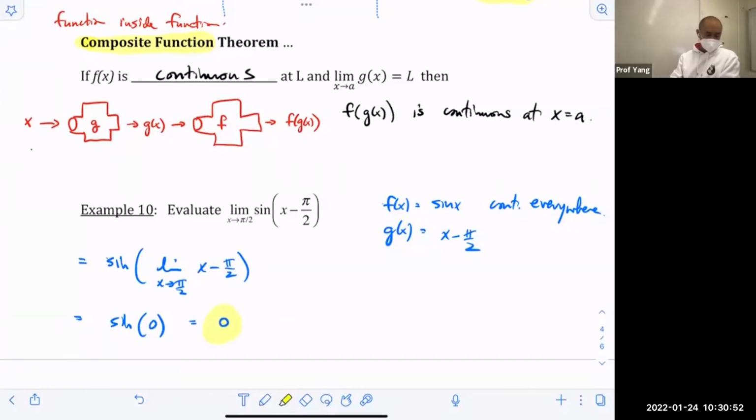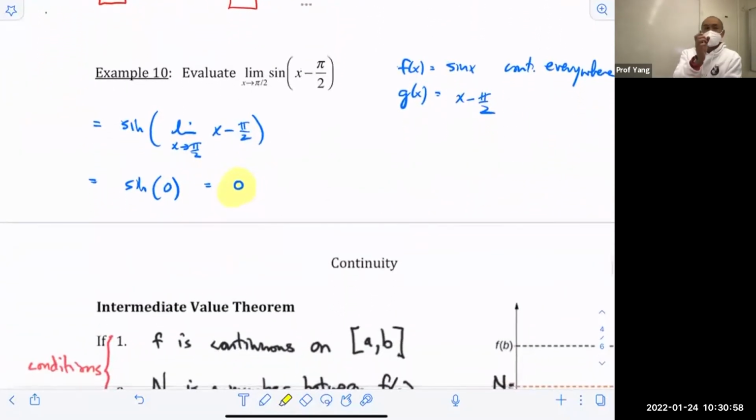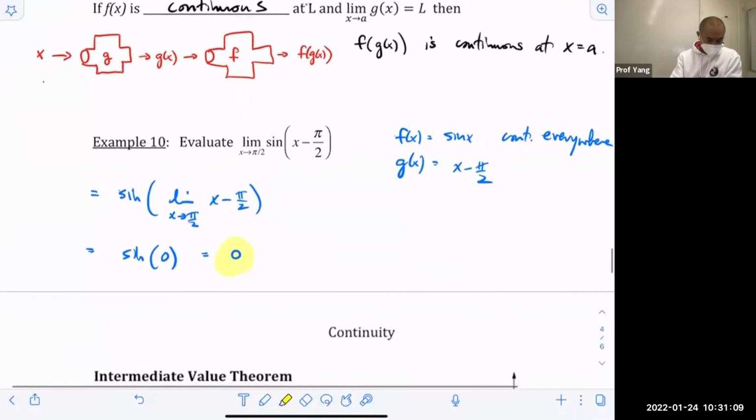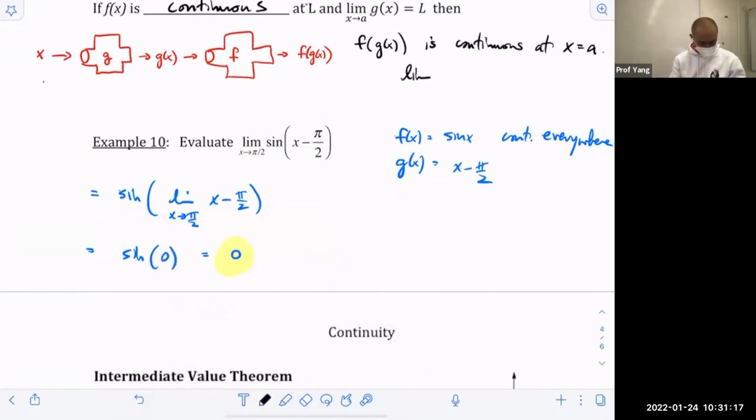So this composite function theorem is basically saying, when you know the outside is continuous, move the limit inside. Calculate the limit of the inside first and see what you get. I guess I should also say that the limit as x goes to a of f of g of x is going to be equal to f of the limit as x goes to a of g of x.